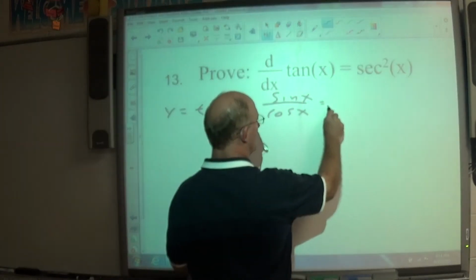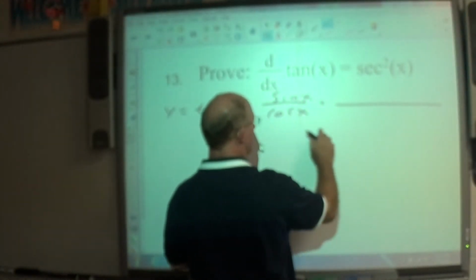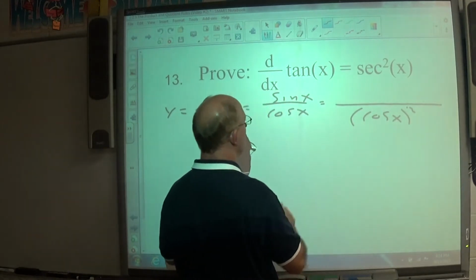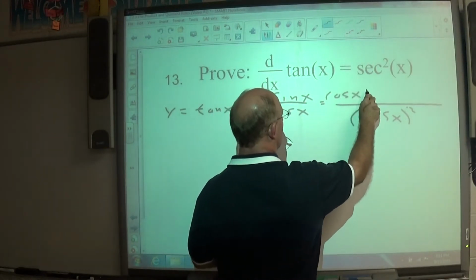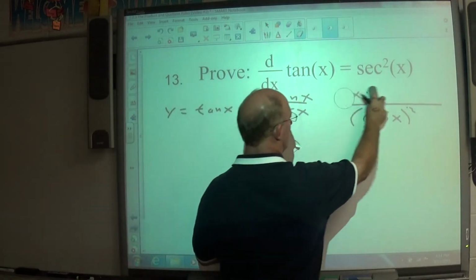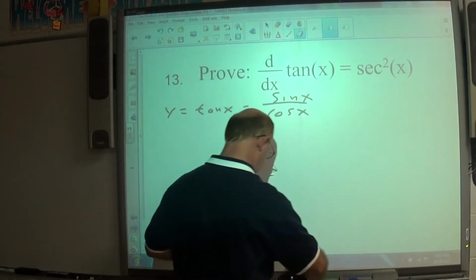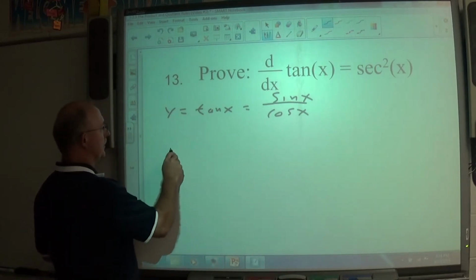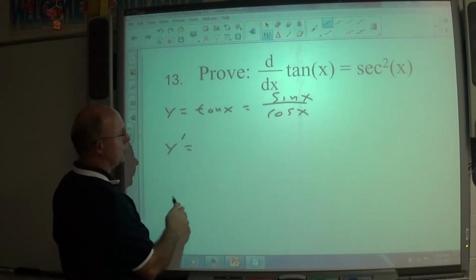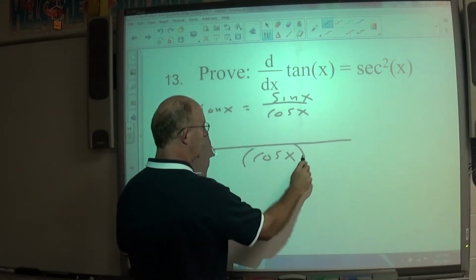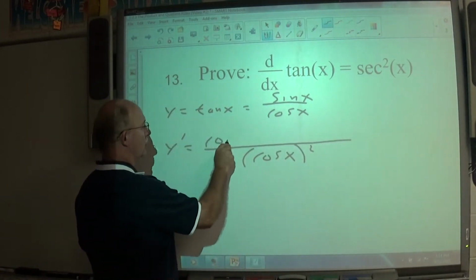So as we set this up in our derivative, this would be cosine x squared, so the bottom squared, and then cosine x times the derivative of sine x. Well, I'm going to have to do this down here. So I can just extend my smartboard if I need to. So as we set this up, the derivative would be equal to cosine squared x in our denominator, and this would be cosine.